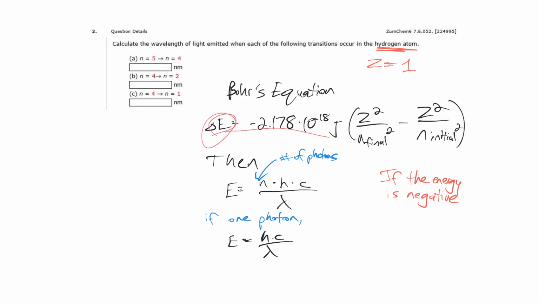So if the energy change is negative, and then we're saying plug it into this next equation, go ahead and make it positive, because it wouldn't make physical sense to get a negative wavelength, at least in our world as we understand it. And admittedly, we don't know what dark matter or dark energy is, so maybe there's something there. But we can't have a negative wavelength. So it's okay to make the energy positive when you go to plug it in. Okay, given that those are our two equations, let's just start working them together.